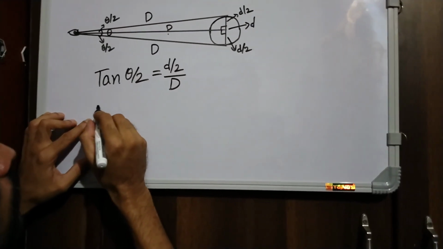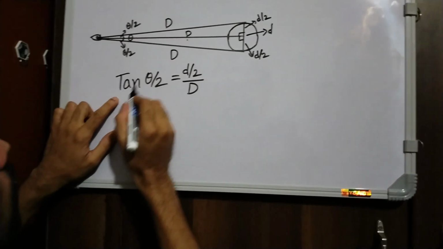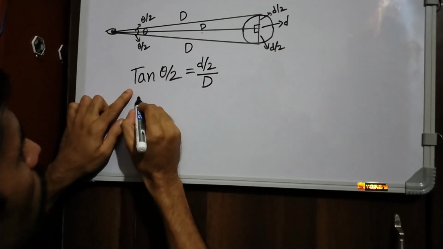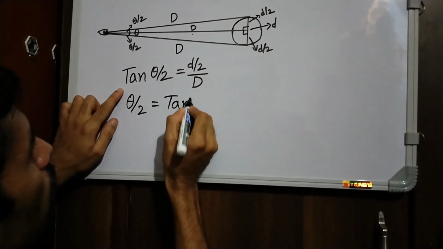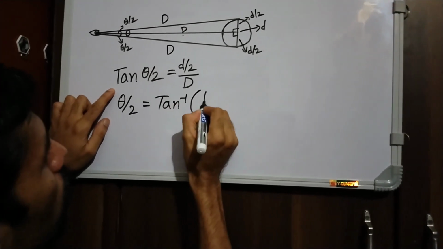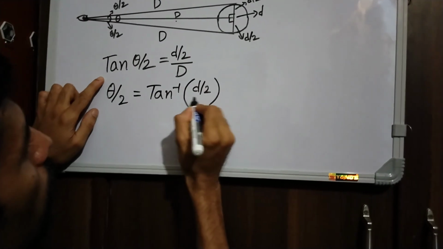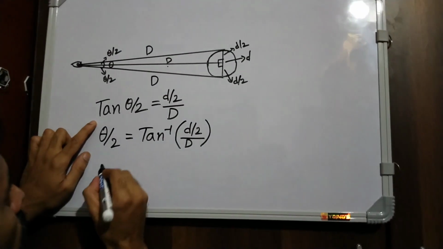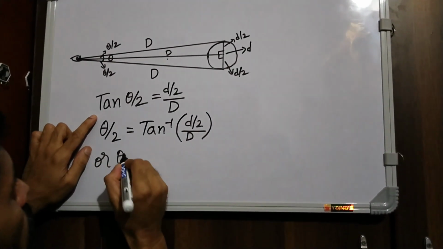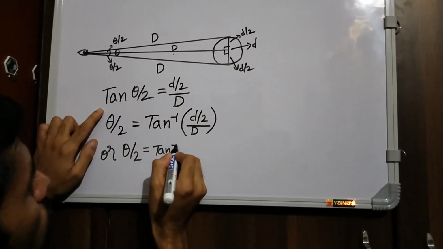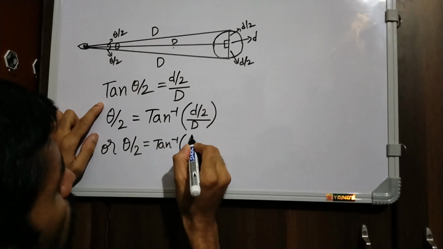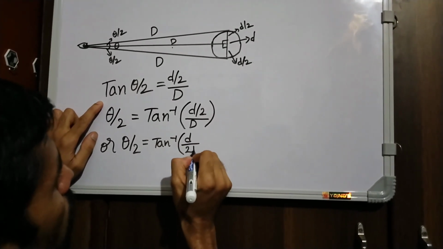Now I want to measure this angle, so theta by 2 is equal to tan inverse of d by 2 divided by D, or I can write theta by 2 is equal to tan inverse of small d divided by 2D.